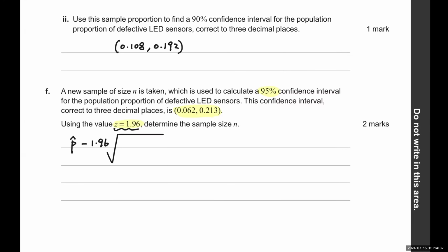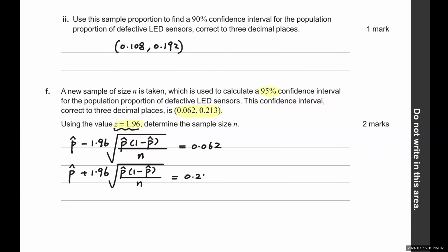But you do have to have the correct formulation for simultaneous equations, all right? That's the lower bound. Meanwhile, I will be writing the upper bound as p hat plus 1.96 times the standard error. The square root thing is referred to as a standard error, okay? So the next thing I'm going to do is to use the CAS calculator and solve for p hat and n simultaneously.